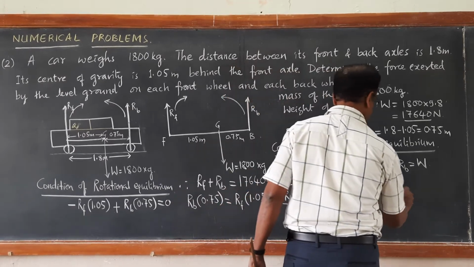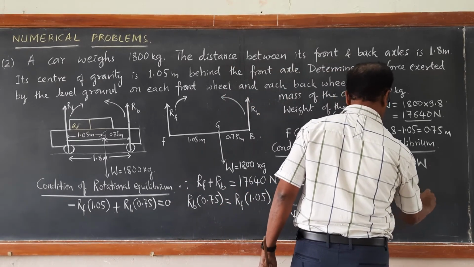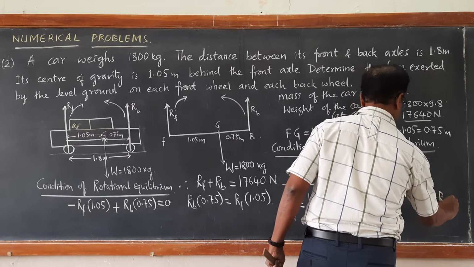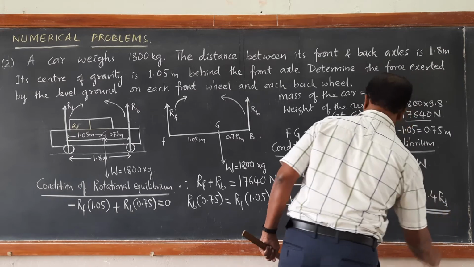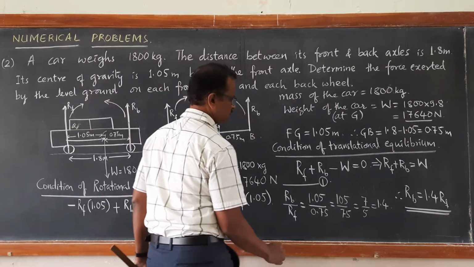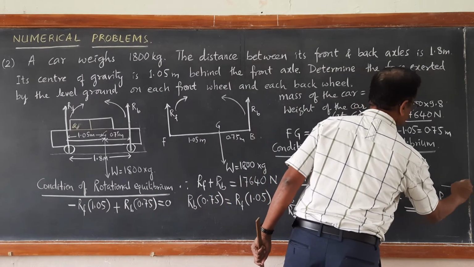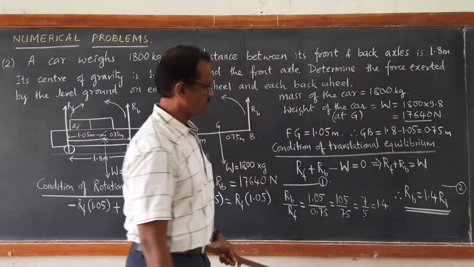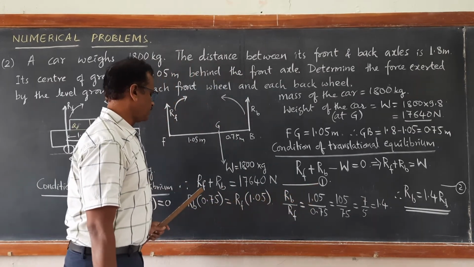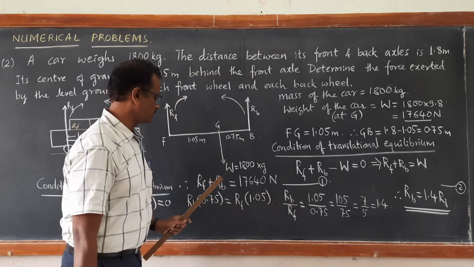Therefore, RB equal to 1.4 times RF. You can call this equation number 2, the relation between RB and RF. Substituting this RB in equation number 1, we will get the result for RF.